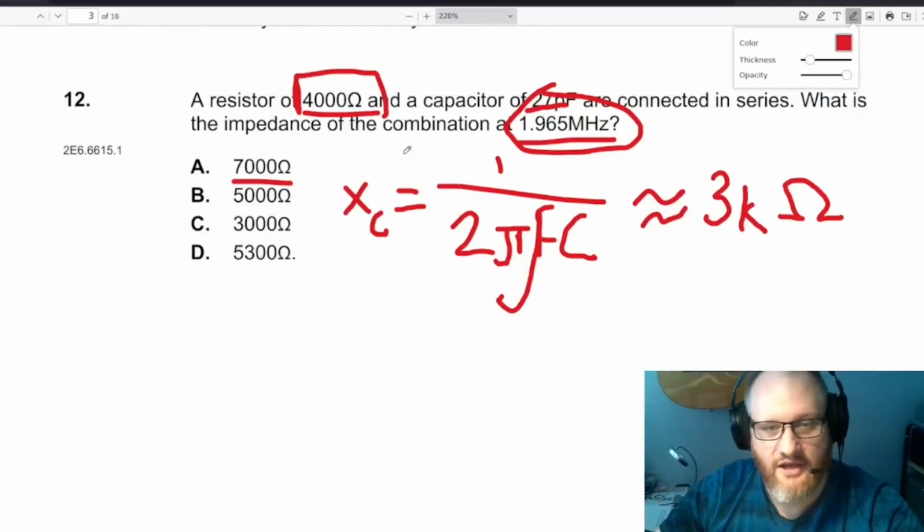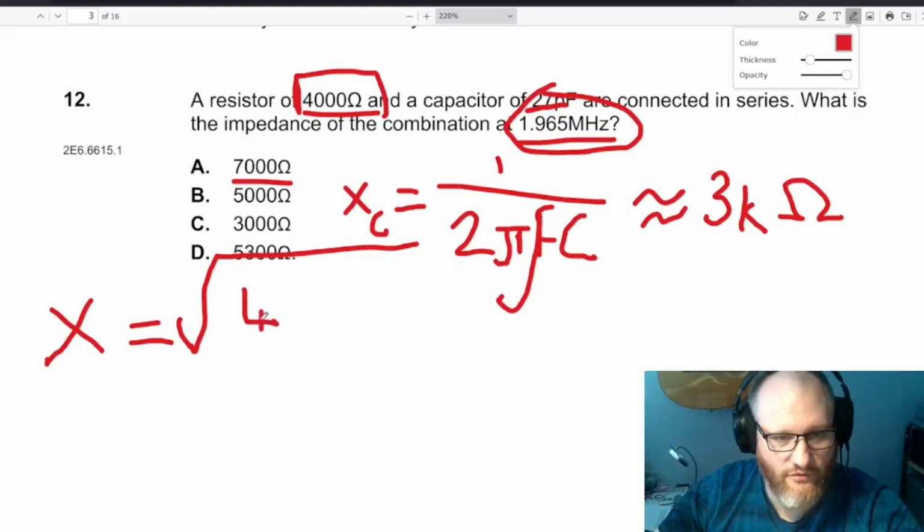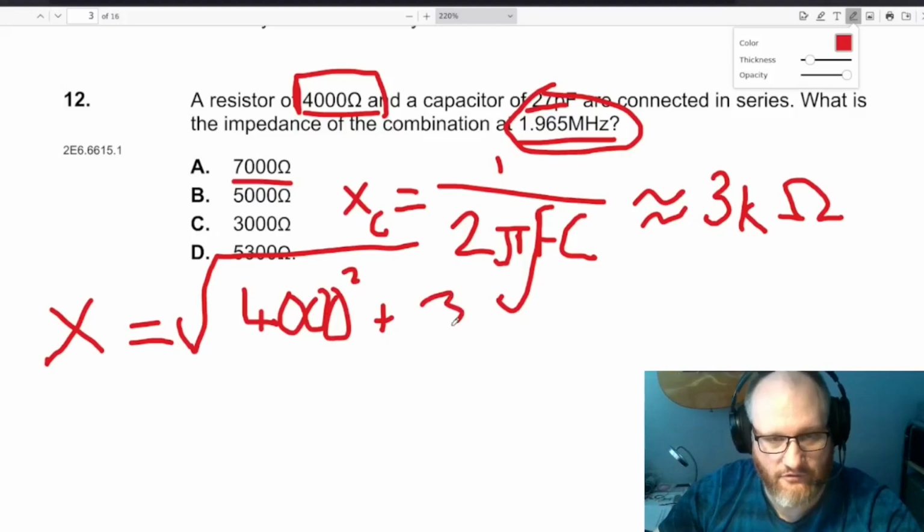So let's do that. Our total impedance is going to be the square root of 4,000 squared plus 3,000 squared.